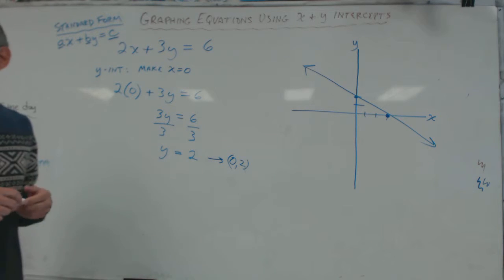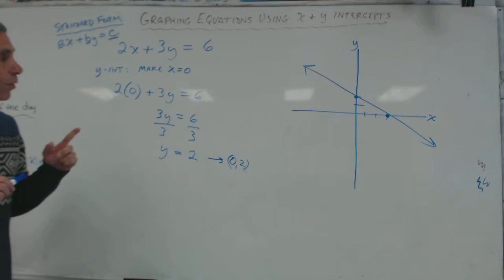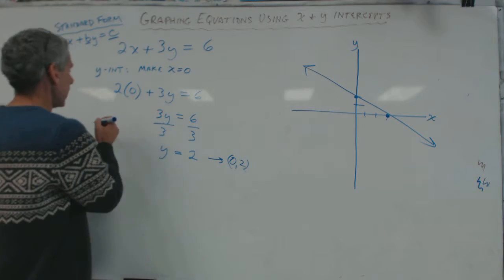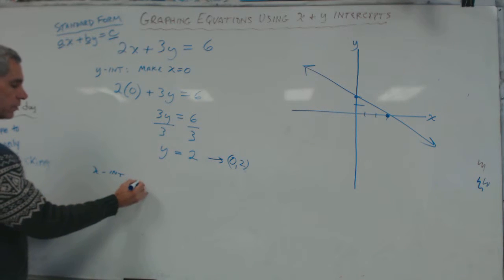That's like an impossible point though. Like, because that's not 3, 2 if you think about it. No, you're trying to find the line, not trying to find a point. The x-intercept we said was 3, 0, right?